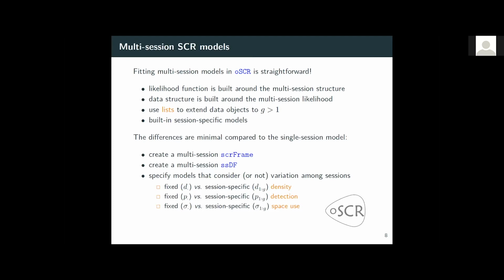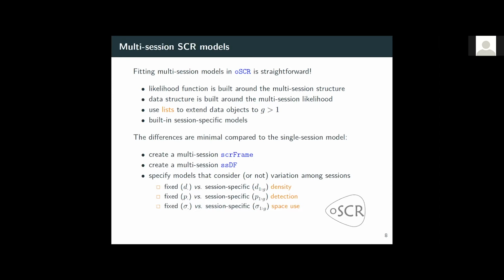Like I said, the workflow is very, very similar to what we saw yesterday. Instead of creating an oSCR frame, we're just going to create a multi-session oSCR frame. Instead of creating a state space object, an SSDF, we're going to create a multi-session SSDF. We're going to use exactly the same helper functions to do that. And once we do that, we're able to specify specific models.